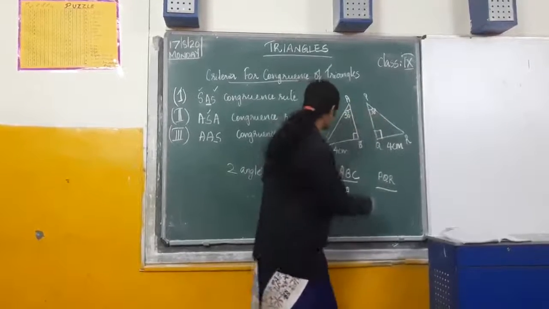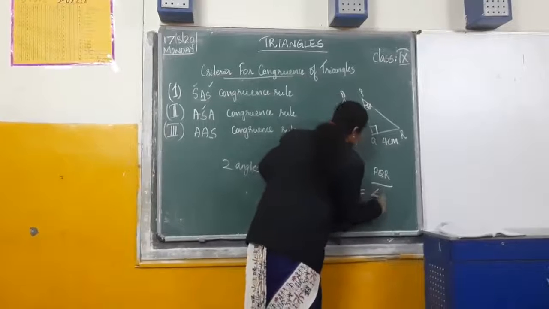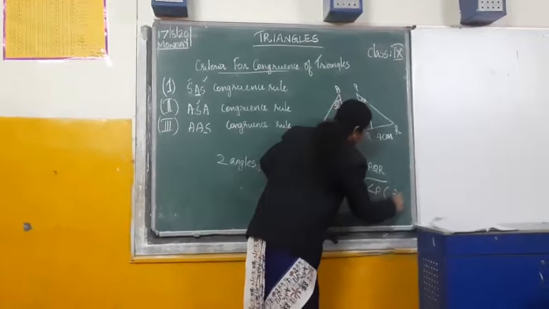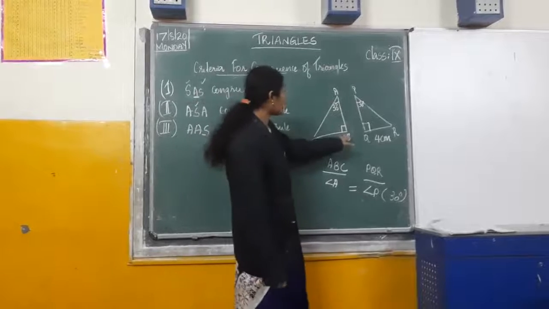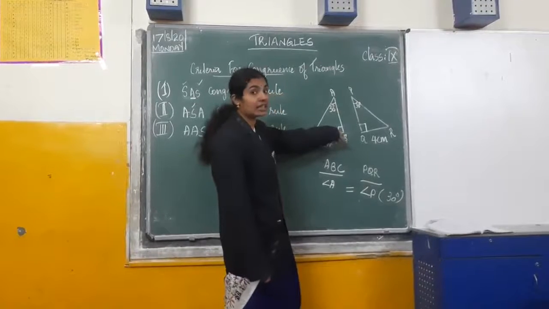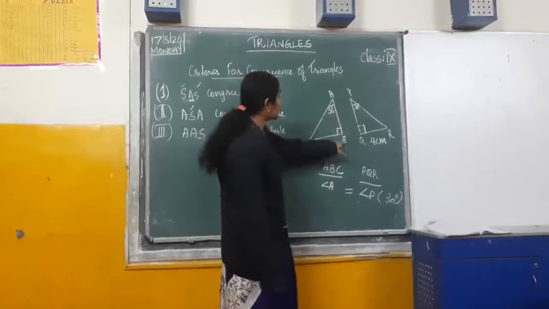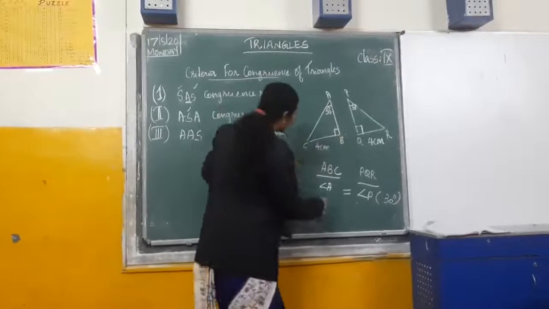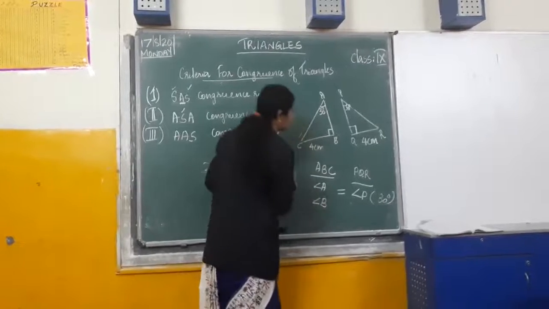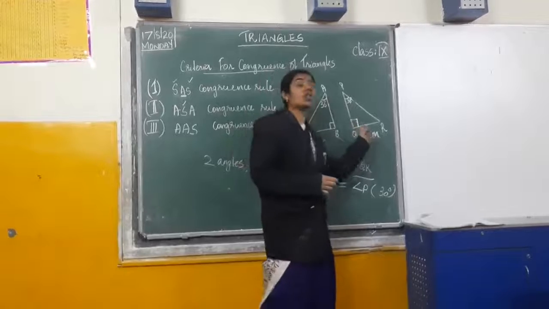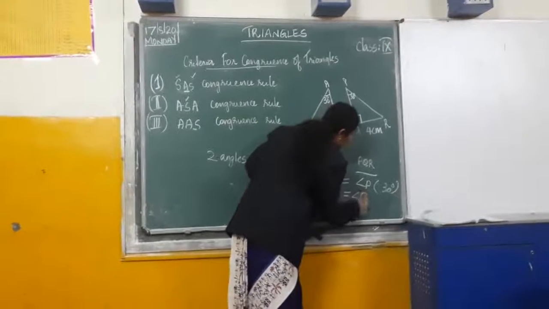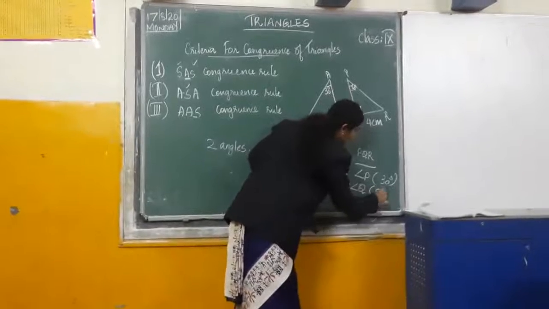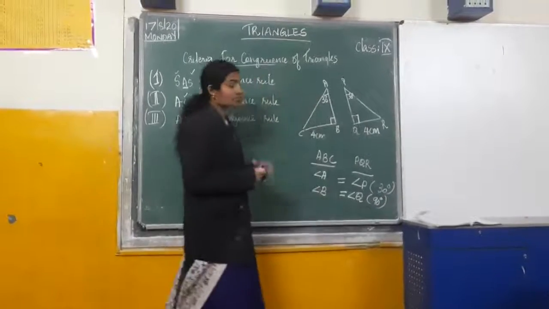That is angle P. So we can say angle A equal to angle P. What is the reason? Both are 30 degrees. See this one. The symbol shows that the angle is 90 degrees. So here you can see for the first triangle angle B is 90 degrees. Second triangle also angle Q is 90 degrees. It means angle B equal to angle Q. What is the reason? 90 degrees.